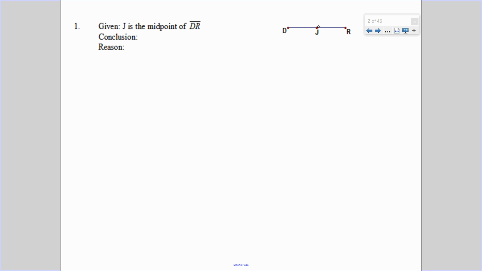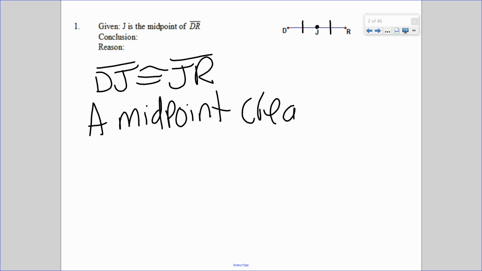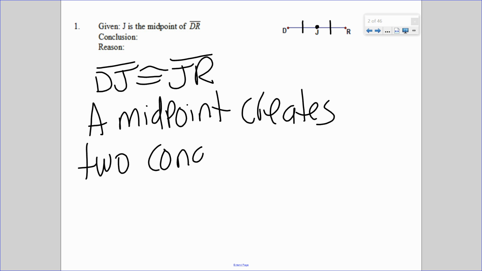So if J is a midpoint, that means that J is halfway from D to R. So what that means is that from D to J must be congruent to from J to R. So my conclusion is DJ is congruent to JR. And the reason: a midpoint creates two congruent segments.